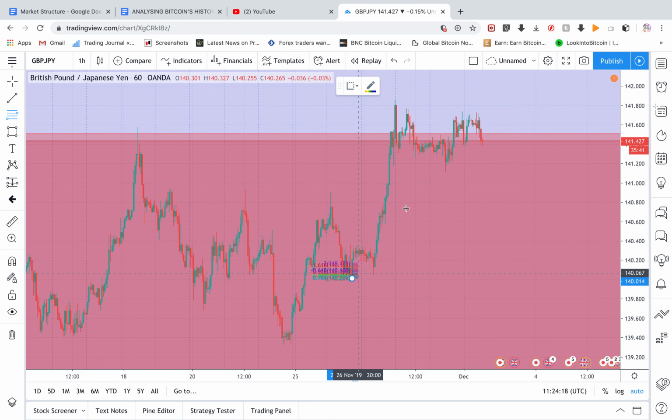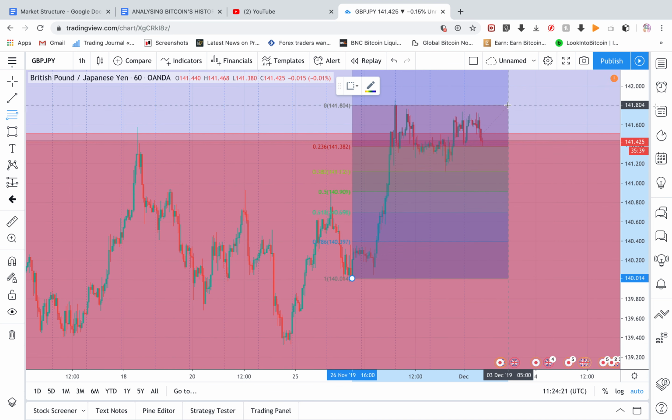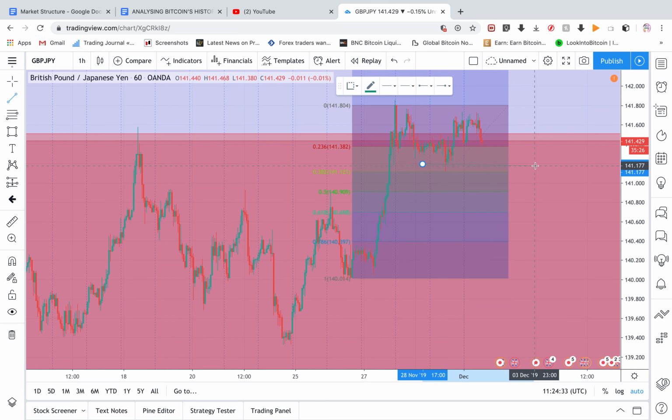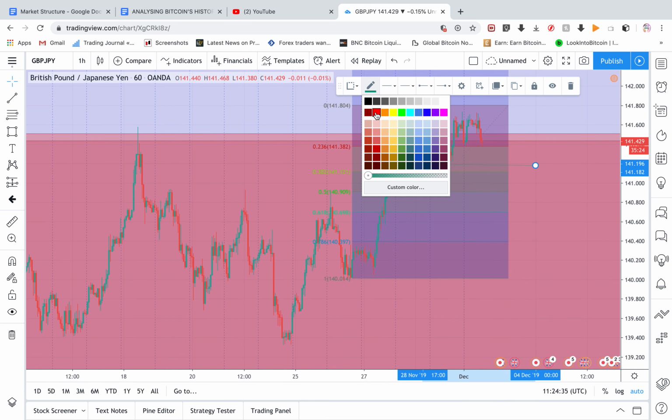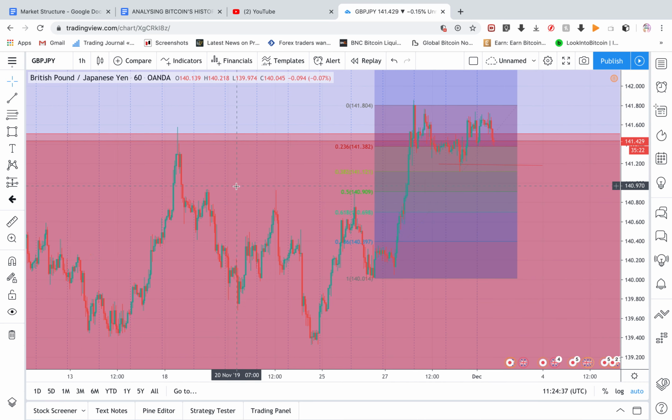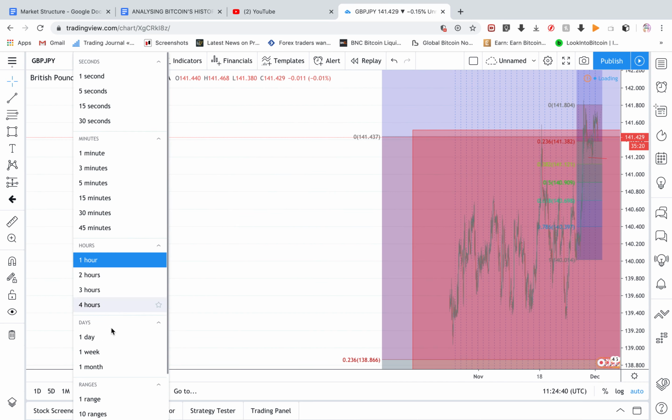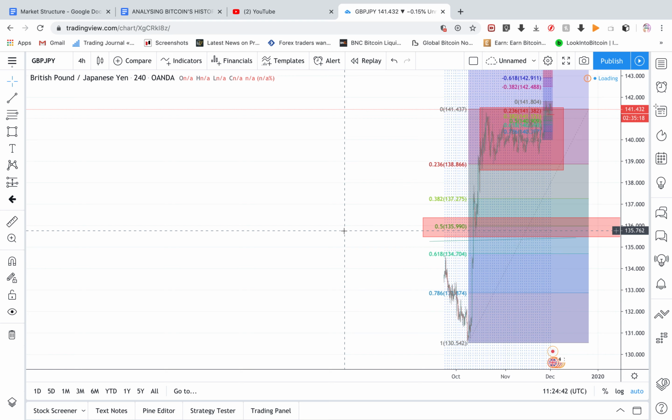So in this time frame, we could draw again our Fibonacci tool. So we're expecting price, our entry could be somewhere there, and we're expecting price to break this structure right here. I don't know if you guys can see this, but let me get rid of the other Fibonacci tool, right?